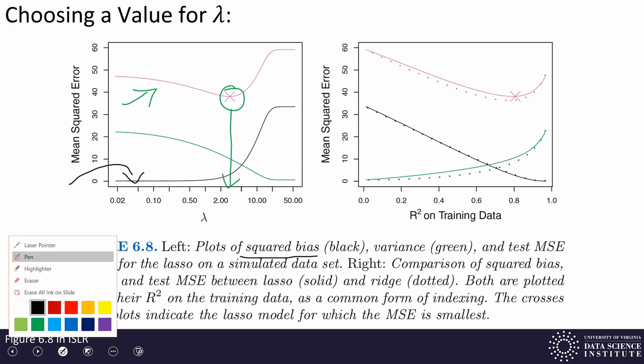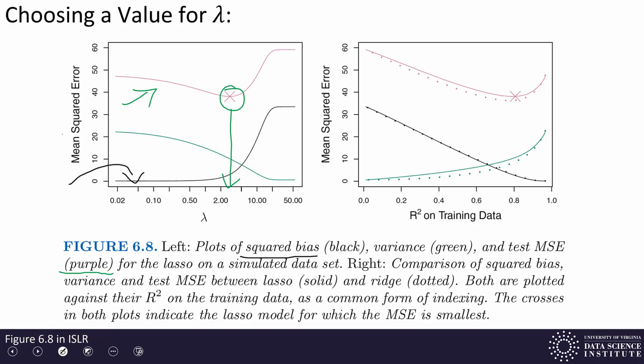And then in green, we have the curve which is variance, or error from the variance. And so at the one extreme, we're doing ordinary least squares, we have more error from variance and less from bias. And at the other extreme, we have more error from bias and less from variance.